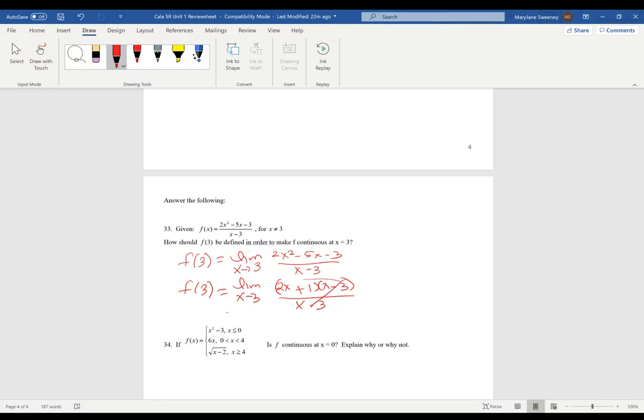Those cancel. So now f of 3, I can plug in. It'd be 2 times 3 plus 1 over, that canceled to 1 over 1. So basically, f of 3 equals 7.